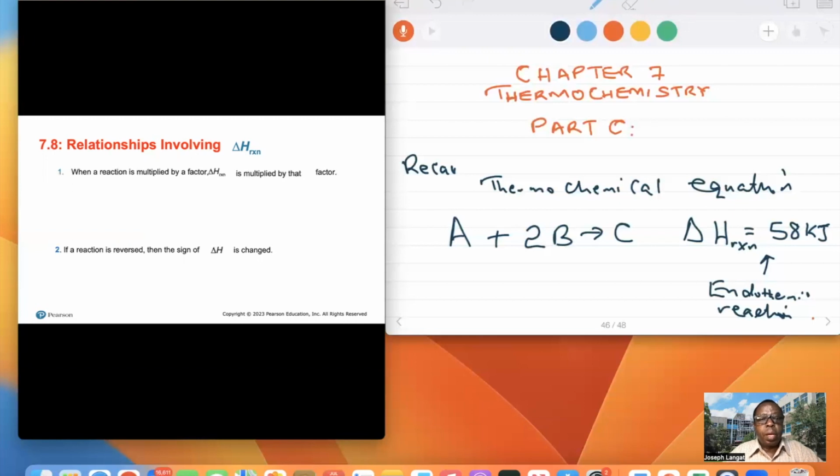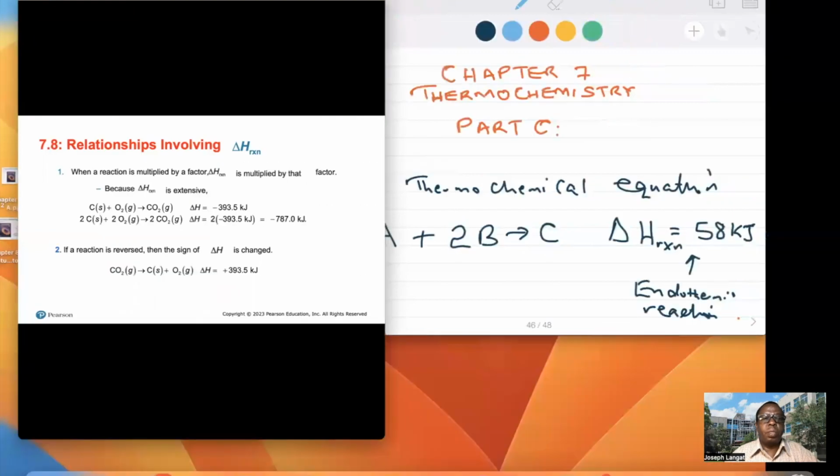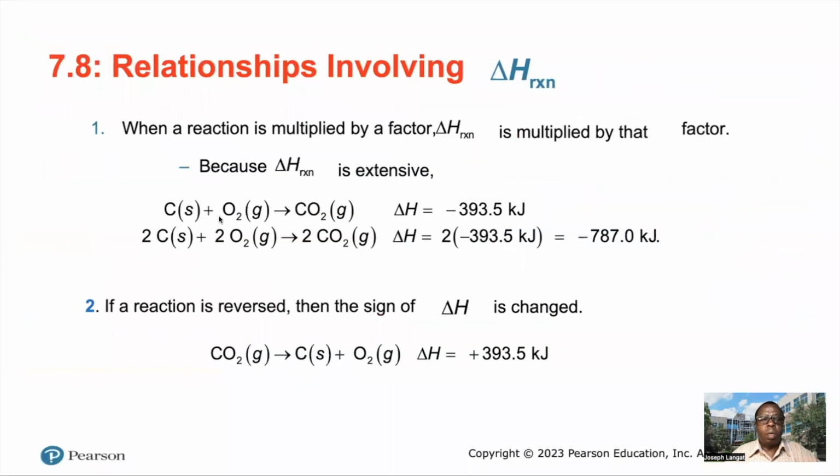So let's look at 7.8, relationships involving enthalpy of reaction. There are 3 relationships. When a thermochemical equation is multiplied by a factor, we multiply the enthalpy of reaction by that factor as well. If you look at the first equation here, this is the thermochemical equation.